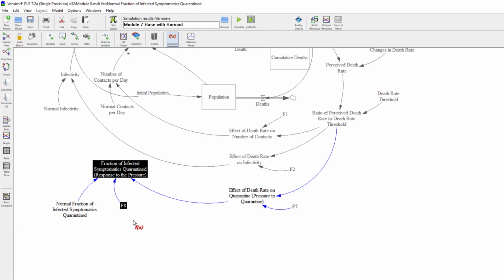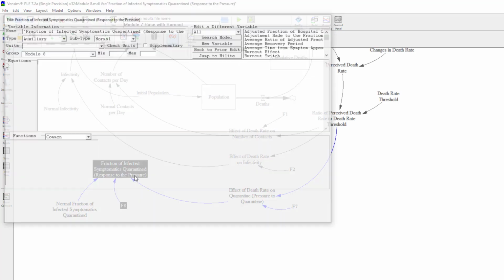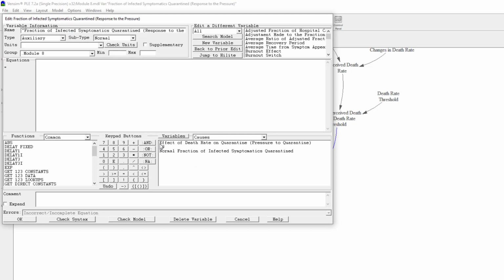So the x-axis for F8, let's just define this first, open that up, okay? So it's going to be F8, and then the input is going to be normal fraction multiplied by the effective death rate on quarantine. So if you remember that, it ranges from 0.4 to 8, right? So that's the relative scale of the pressure that's coming.